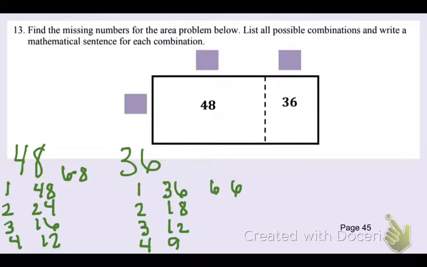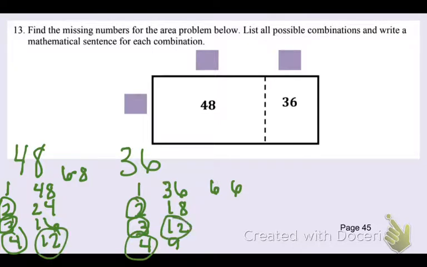All right, so if I look at all these factors, I see a lot that they share. I'll circle them in green. They share 2, they share 3, they share 4, and they share 12. So what's the greatest common factor between these? The biggest factor that they share is 12.